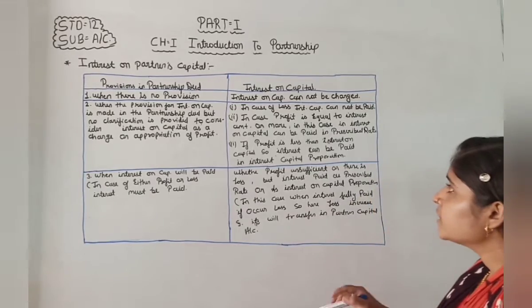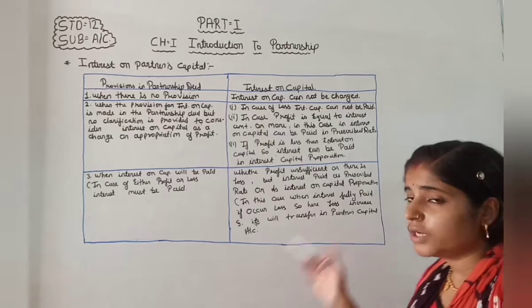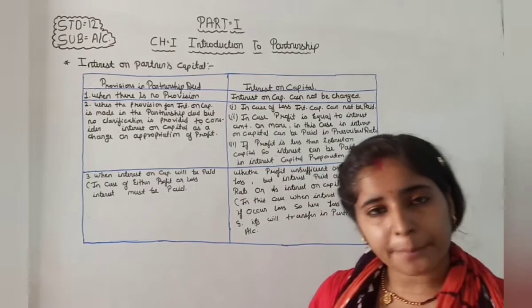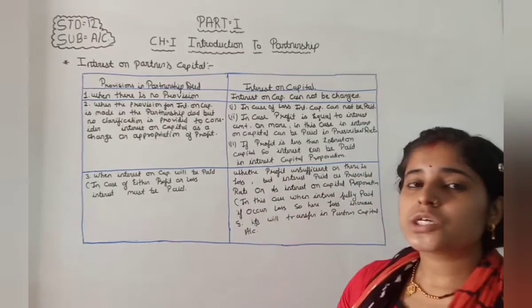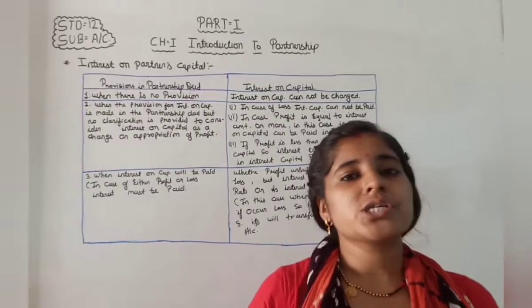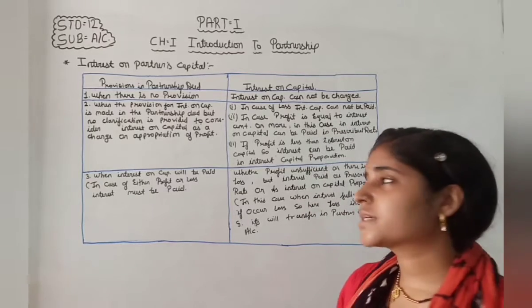The second situation is when profit is equal to or more than the interest on capital of partners. Then we give interest on capital according to the prescribed rate.